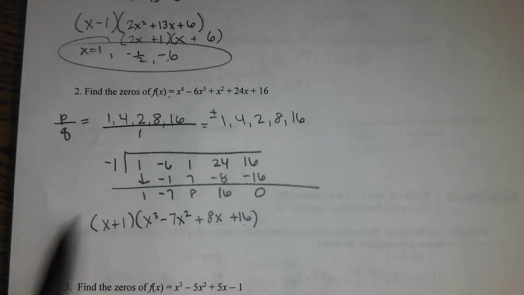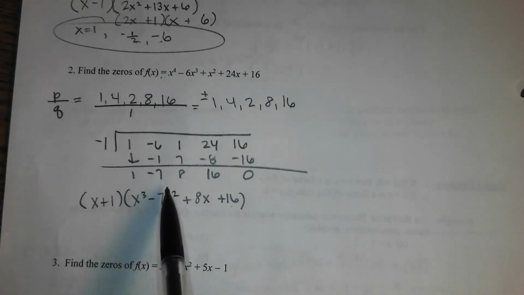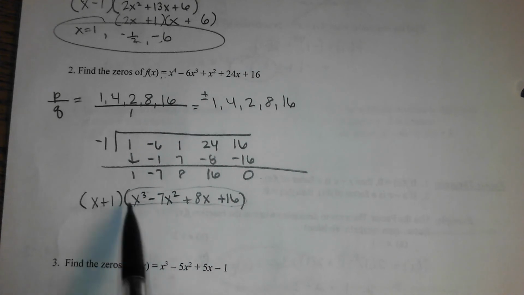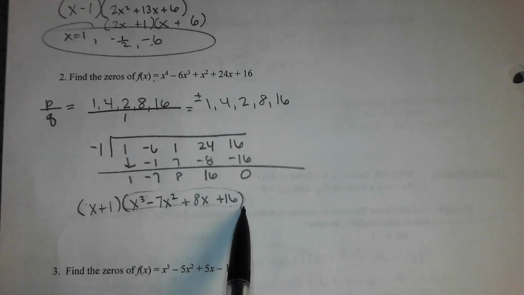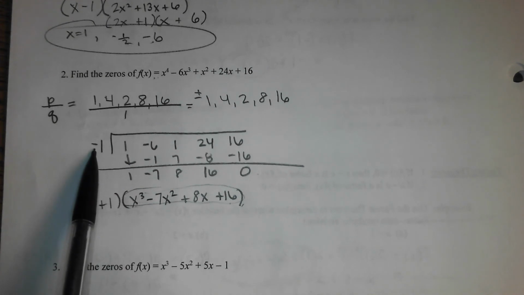If you found -1 and it worked, you're going to pick up your synthetic division, dividing not out of the original, but out of this remaining piece. And if -1 just worked, you want to continue your testing with -1 again. Because it's possible, always, that whatever root you found is actually a double root.